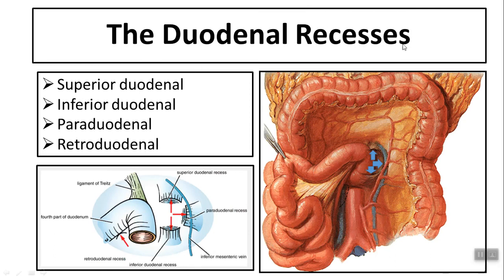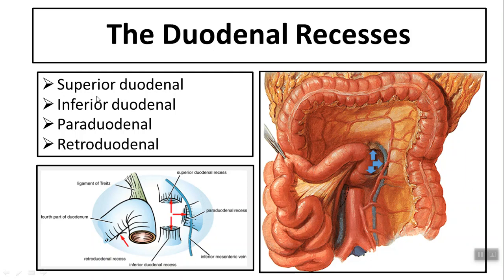The duodenal recesses. At the duodenojejunal junction, this angle is the junction between the duodenum and the jejunum, there will be a reflection of the peritoneum, and it will form what we call recesses that lie nearby the duodenum.